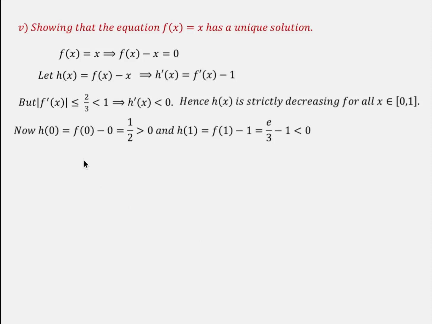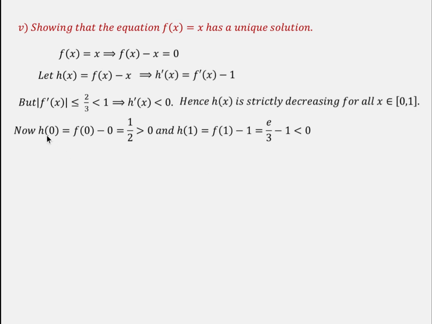Further, we need to verify whether the function h of x crosses the x-axis at least once. For it to do so, we would rely on the intermediate value theorem, in which we have to look whether h of 0 and h of 1 have opposite signs.